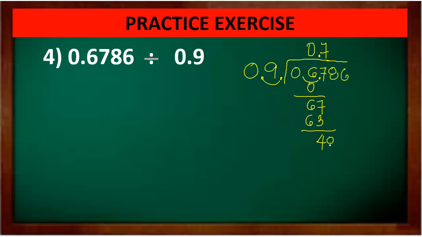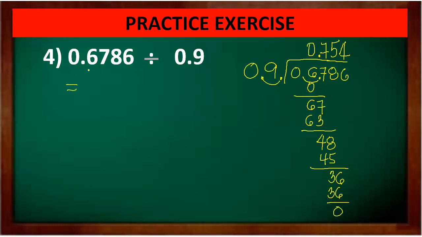Bring down 8. 48 divided by 9 is 5. 5 times 9 is 45. 8 minus 5 is 3. Bring down 6. 36 divided by 9 is 4. Okay, so 4 times 9 is 36. 36 minus 36 is 0.